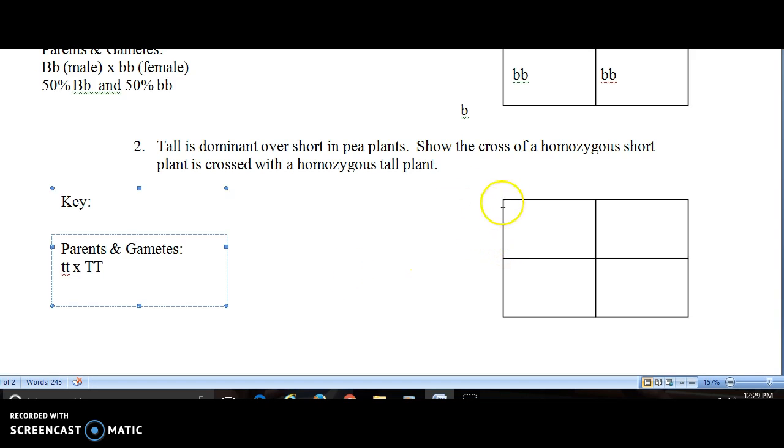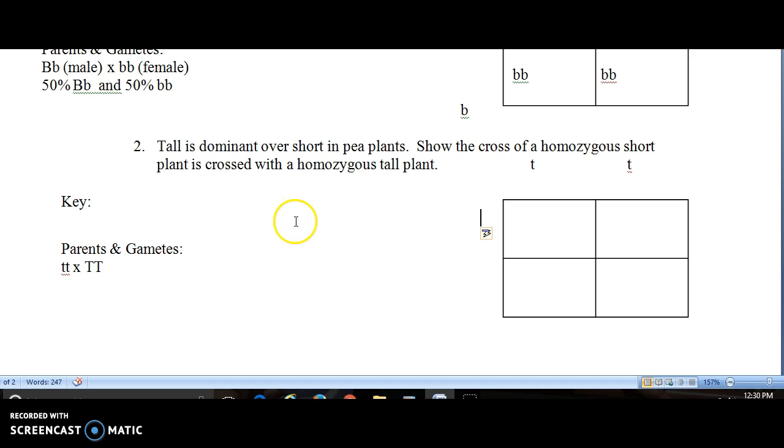So if you go over to the Punnett square, you can put one code up on the top of the square. So we could say, okay, maybe we'll put the two lowercase t's on the top. And then on the side, we could put the capital letters.